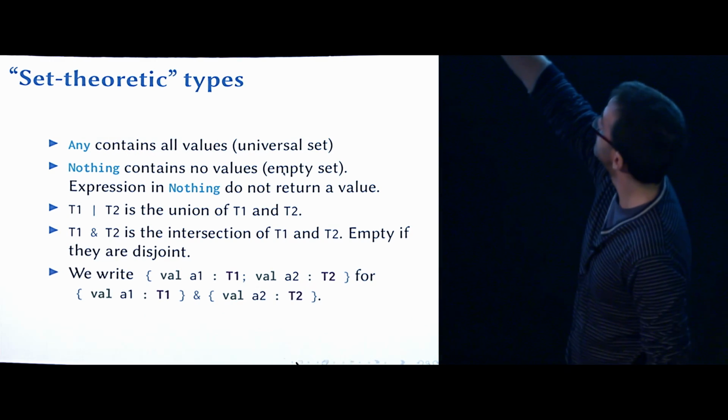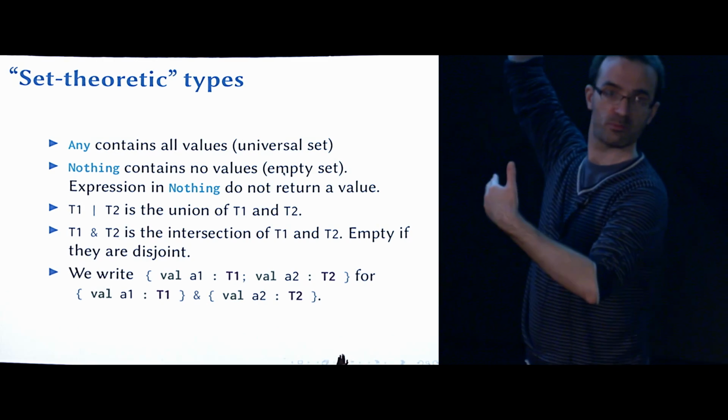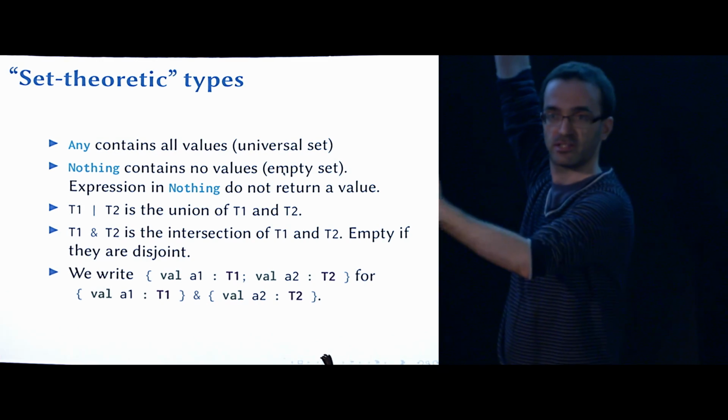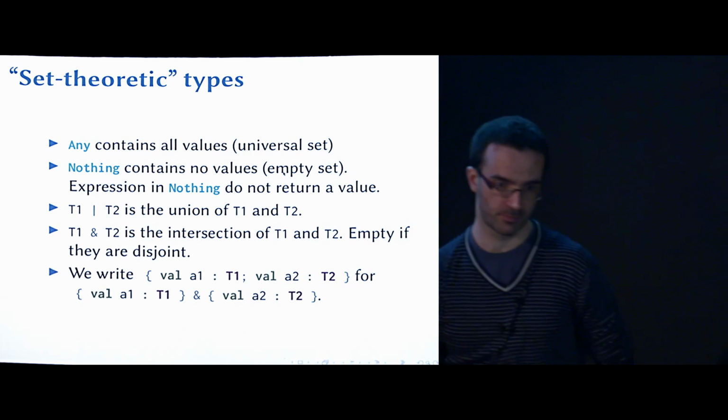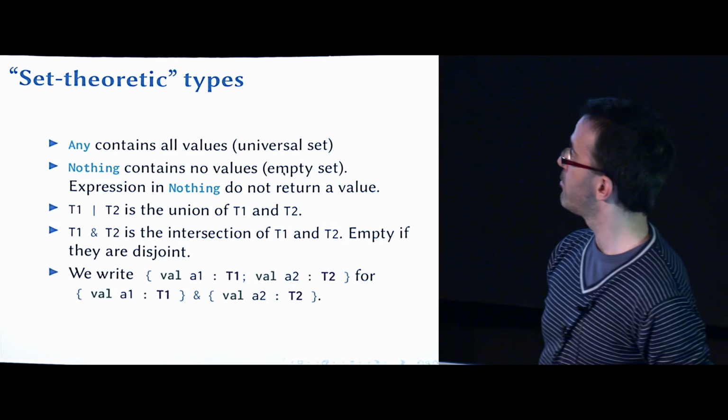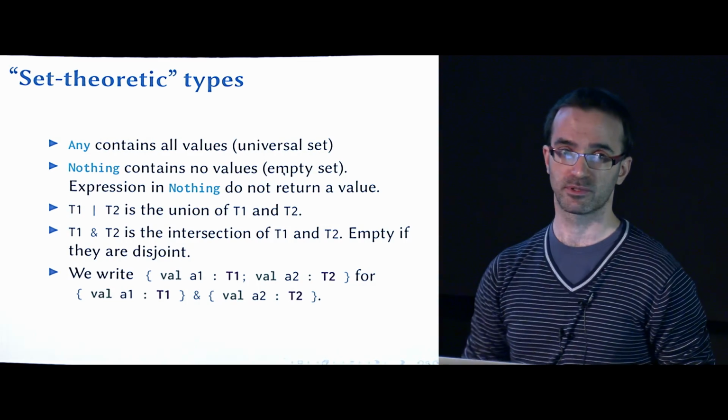As I was saying, when we write a record type with multiple members, this is syntactic sugar that we use over dot to represent intersections of multiple record types.